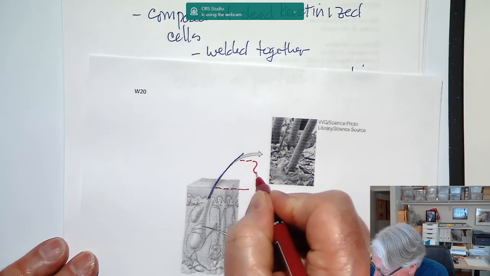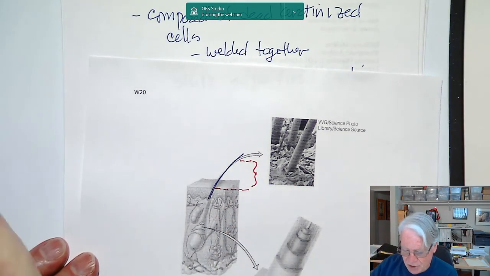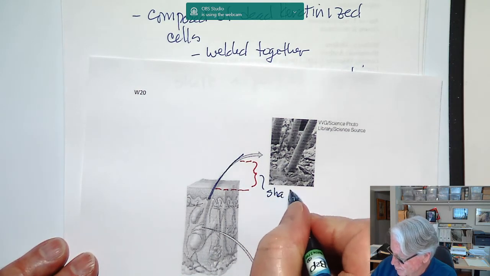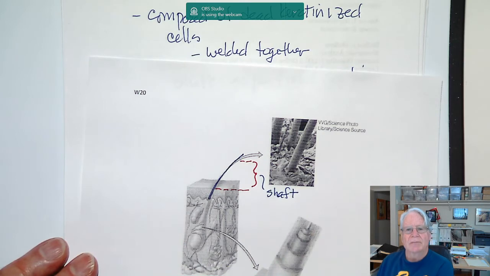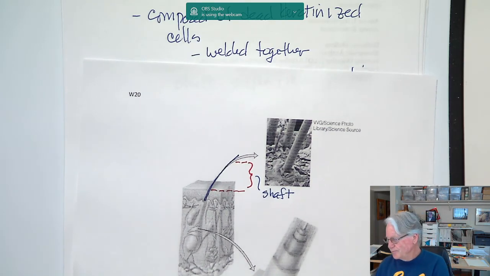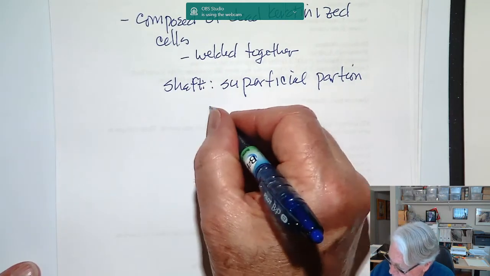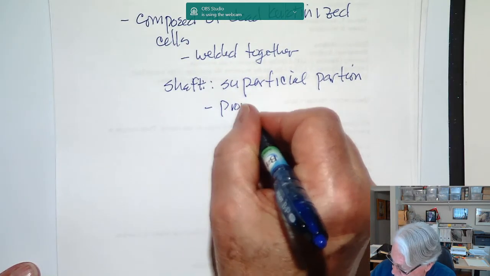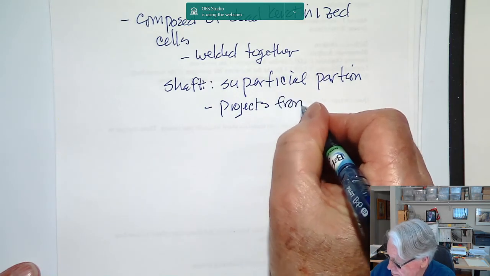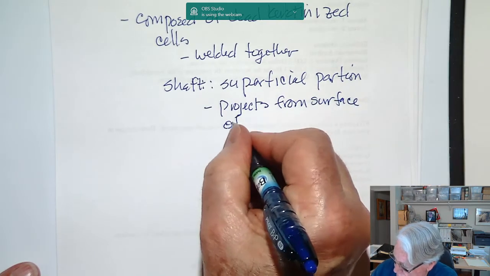This portion that's sitting above the surface of the hair is the shaft. Okay. So that's our shaft. So as we just saw, this projects from the surface of the skin.